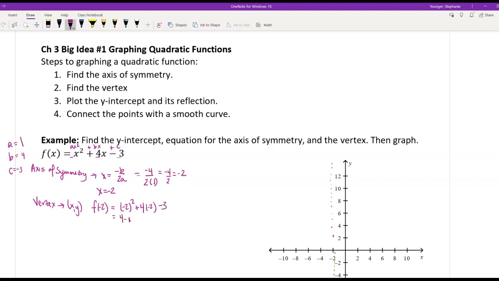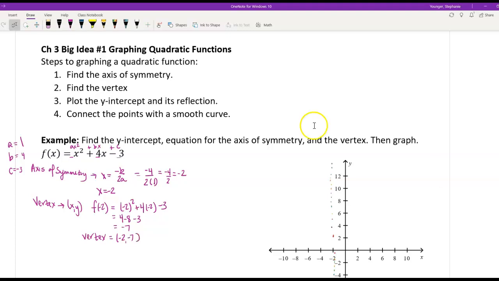So 4 minus 8 minus 3. And we get the value of negative 7. So now we know that our vertex is the point negative 2, negative 7.